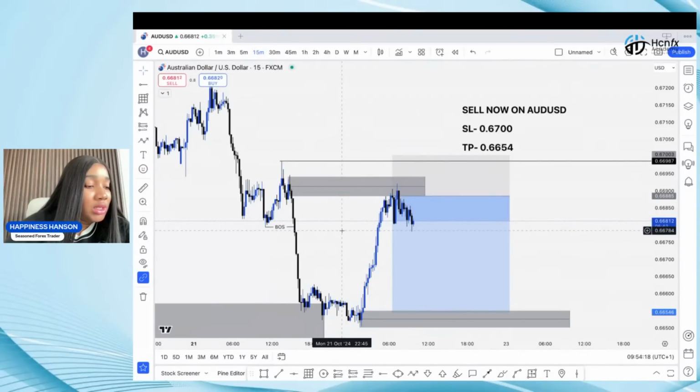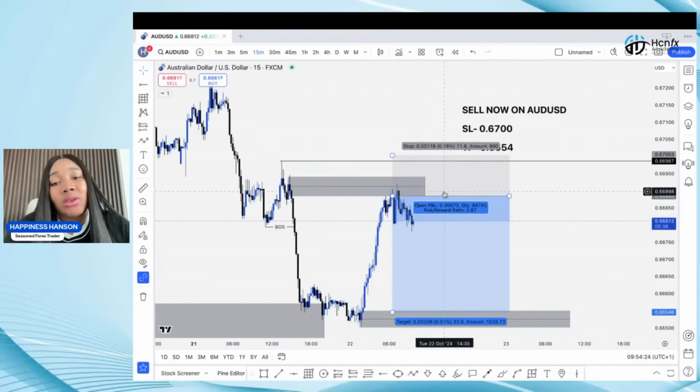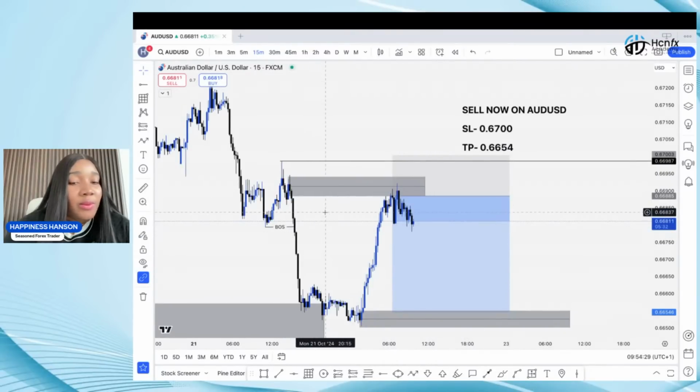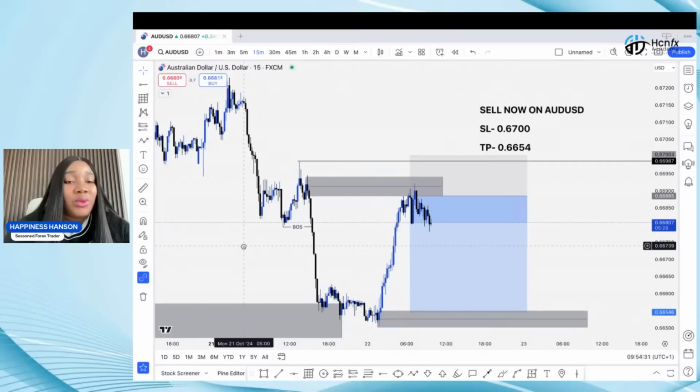Someone is saying 90 pips SL is too much. I guess the 90 pips SL is on BTC, not on AUD USD. Here, AUD USD is like 20 pips SL. If that is too much for you, keep in mind that with any amount of SL, even if you want to risk 1% of your account and SL is 500 pips, you can still apply proper risk management.